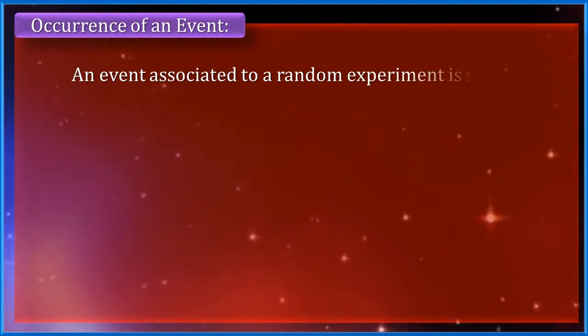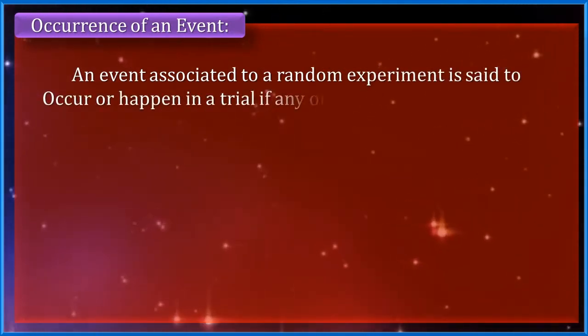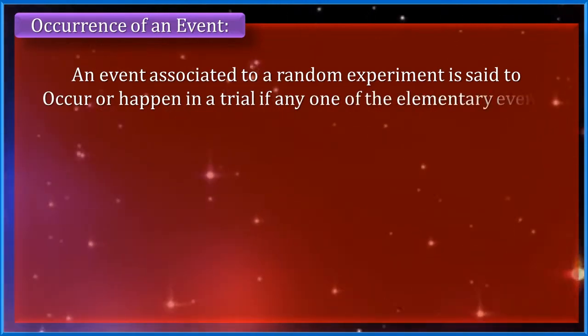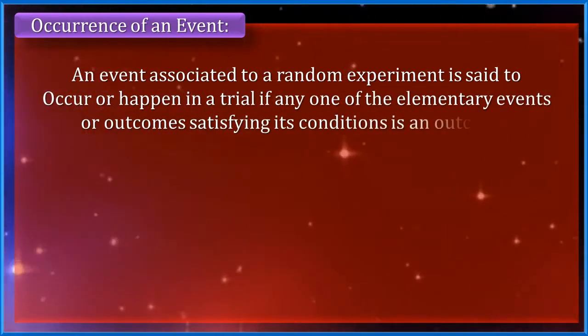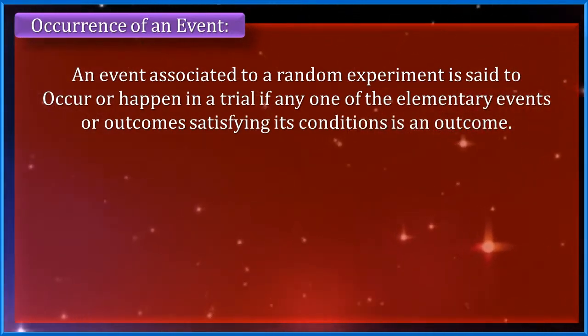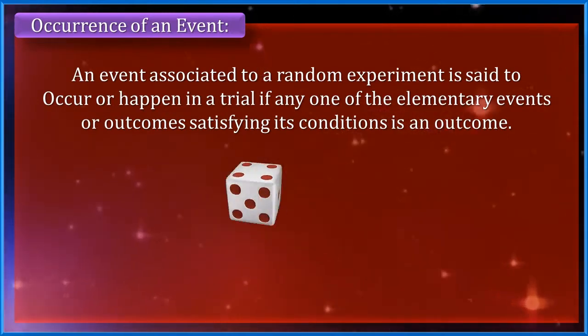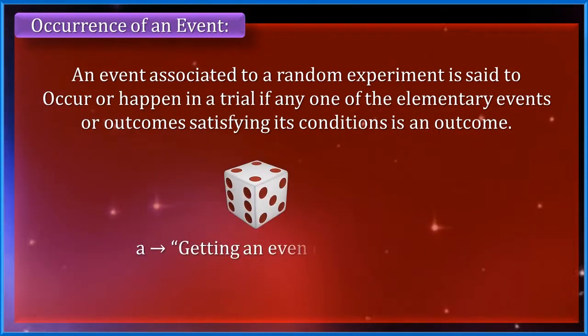Occurrence of an event. An event associated to a random experiment is said to occur or happen in a trial if any one of the elementary events or outcomes satisfying its conditions is an outcome. Consider the random experiment of throwing a die. Let A denote the event getting an even number.